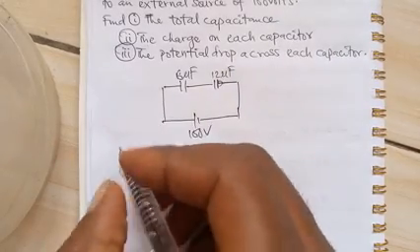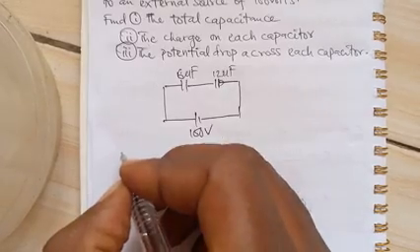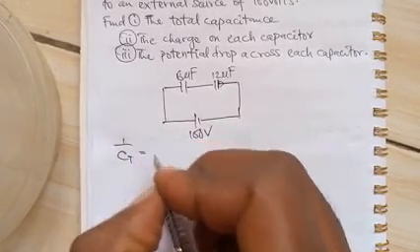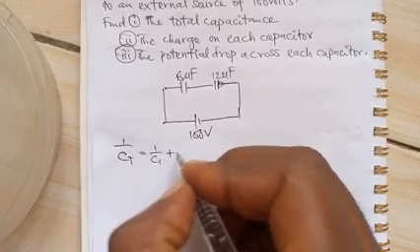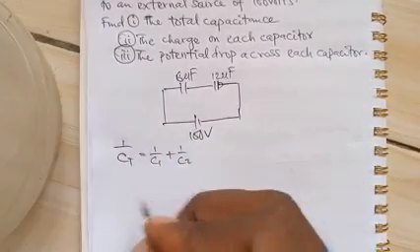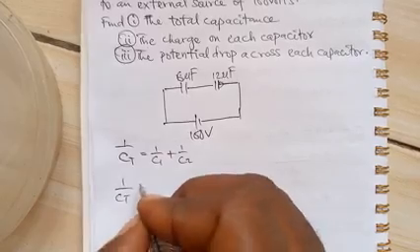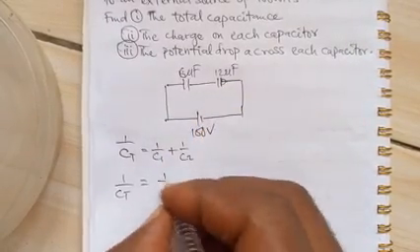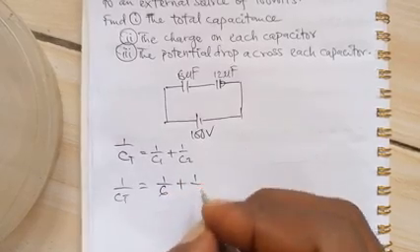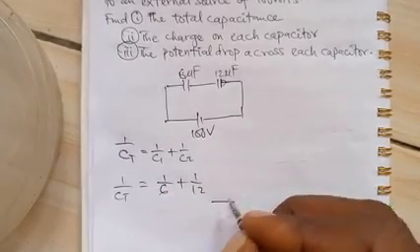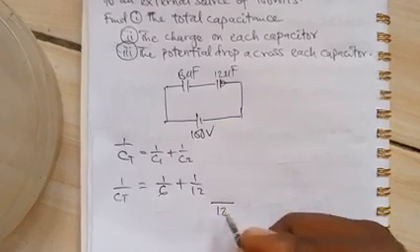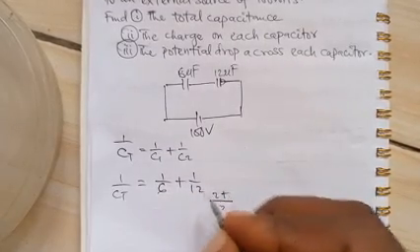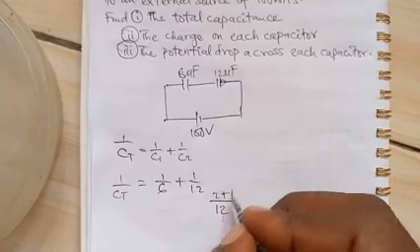For us to get the total capacitance, remember 1 over C total is equal to 1 over C1 plus 1 over C2. So 1 over C total will be 1 over 6 plus 1 over 12. Their LCM is 12. 6 into 12 is 2, 2 times 1 is 2, plus 12 into 12 is 1, 1 times 1 is 1.